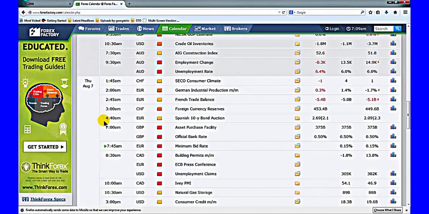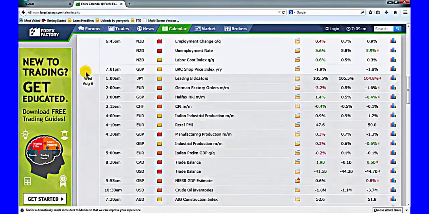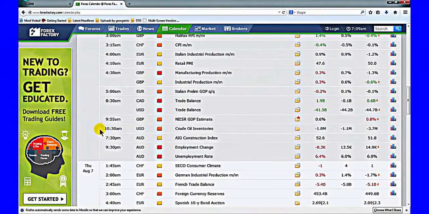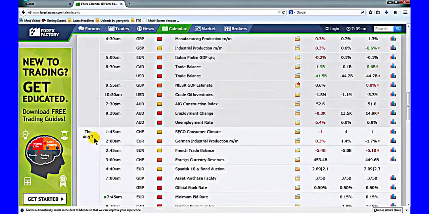So here we are. What has happened in the night, you can see here, was yesterday night, so Wednesday night, late in the night on Wednesday, which was the 6th. You see here the AIG construction index, the unemployment change, and the unemployment rate.